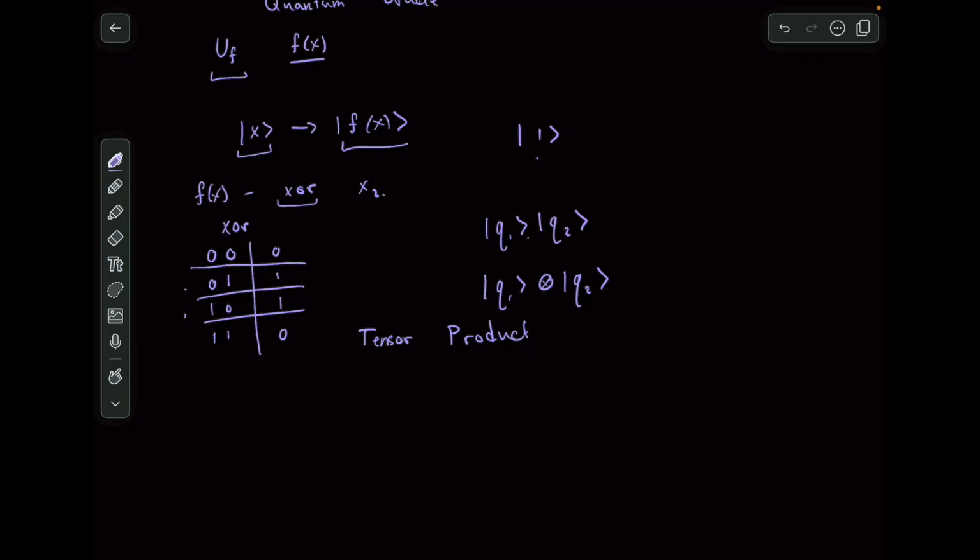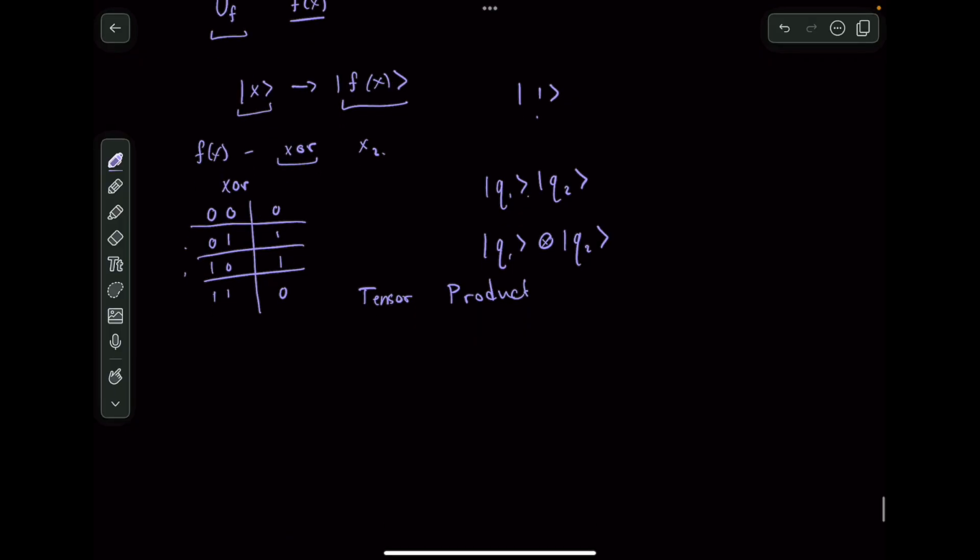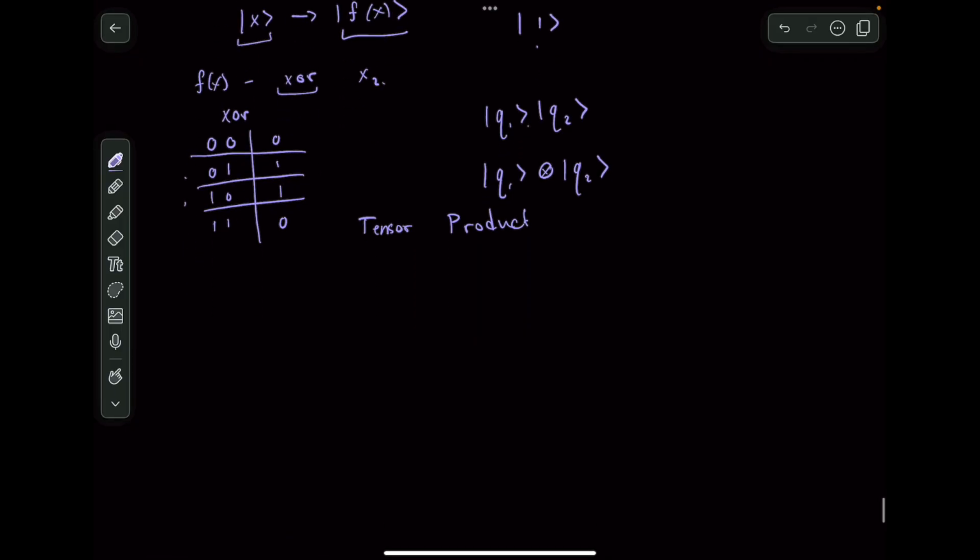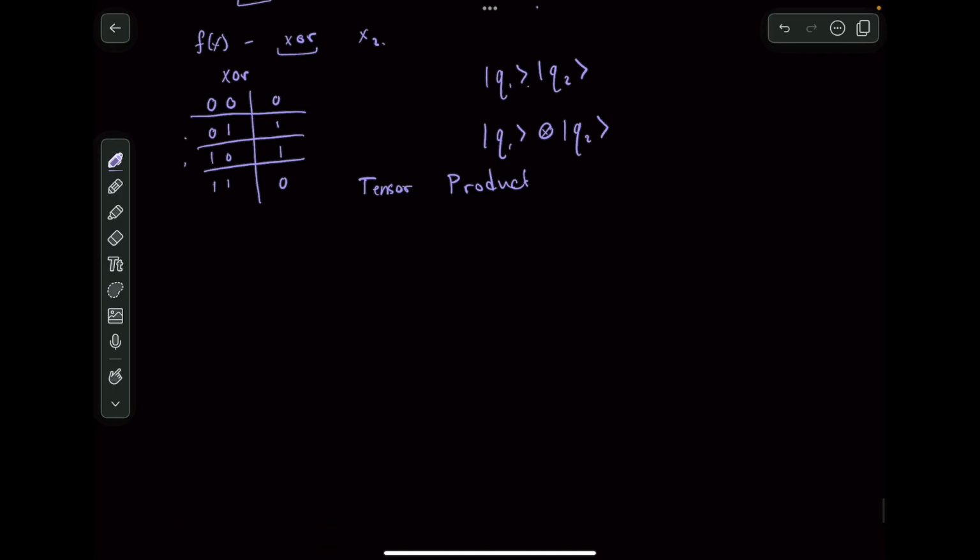And I think the best way to think about this is to put these back into vector form and observe what it does. So Q1 is just a 2-level vector. We'll call it alpha 1 and beta 1. And Q2 is the same thing, just with different probability amplitudes, or they could be the same, but in general they're different.